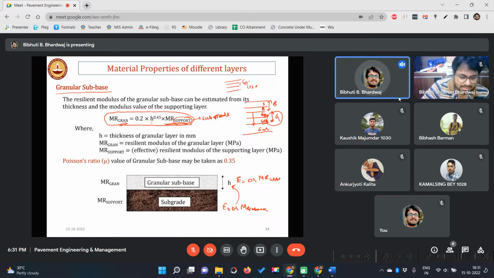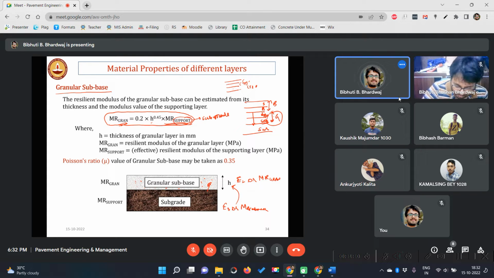This is the main disadvantage of this code, because you are taking help of another layer to predict its elastic modulus. You are not at all considering what type of materials are being put inside this. What type of aggregates? Aggregate also has different strength, right? You are not at all considering. You are simply taking help of the below layer to find out the elastic modulus of this above layer. This is wrong actually, but there is no other way to find out.